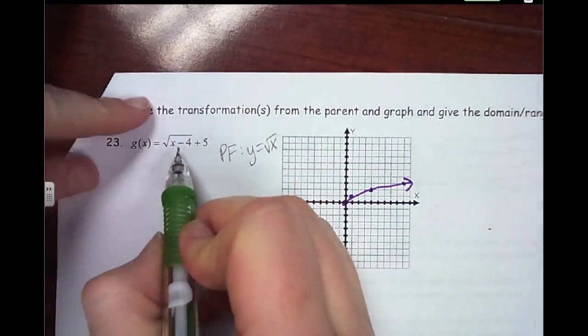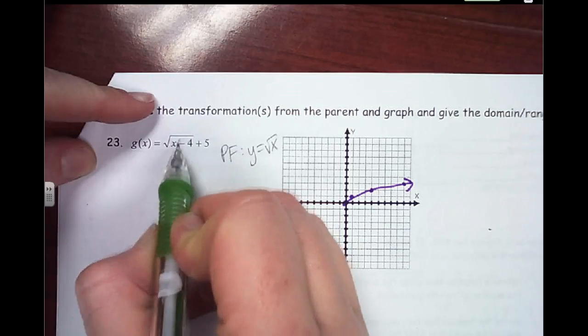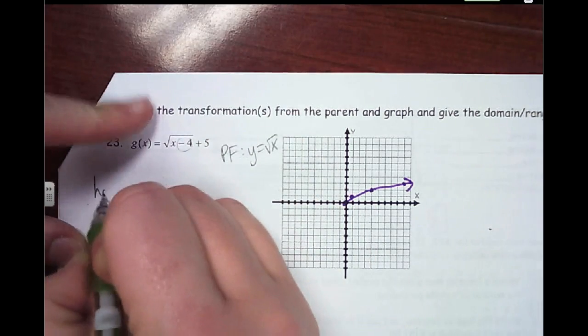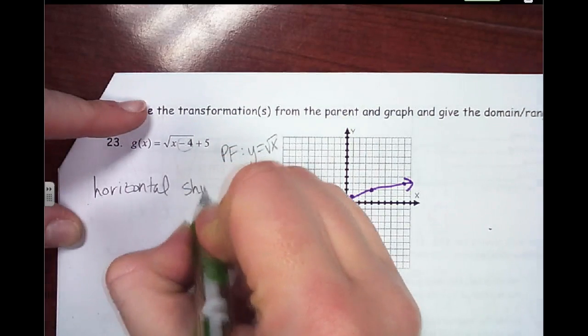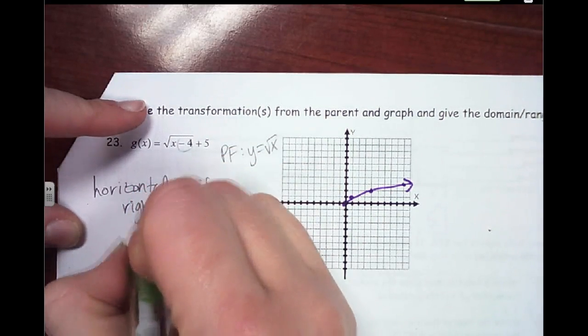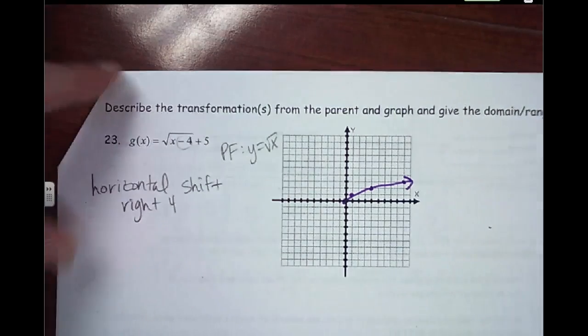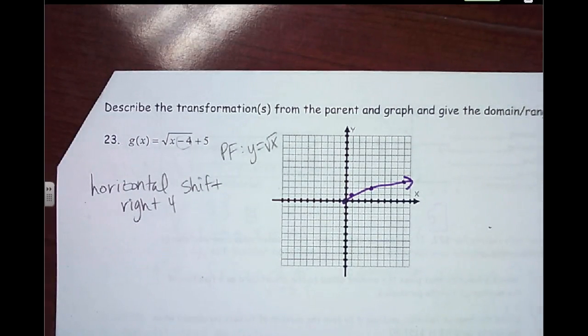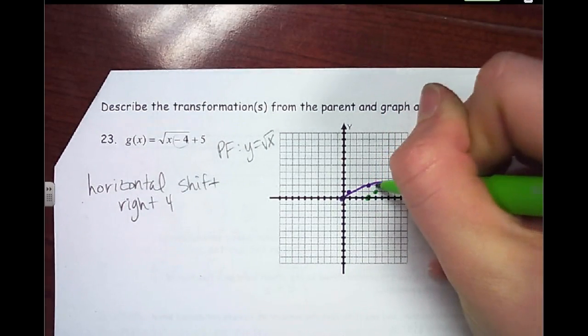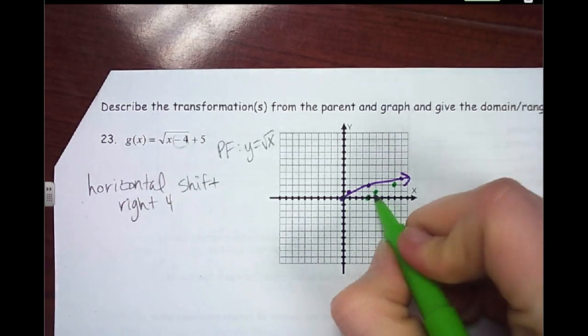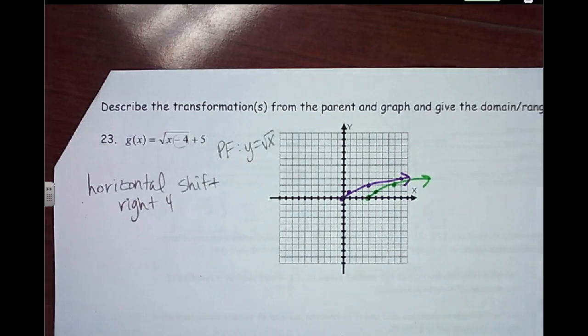Inside the function, so under the square root, this is moving right. So horizontal shift right 4. I'm going to take each of those points and shift them right 4. 1, 2, 3, 4. And there's that one. So there's right 4.